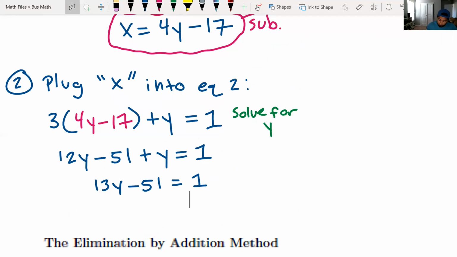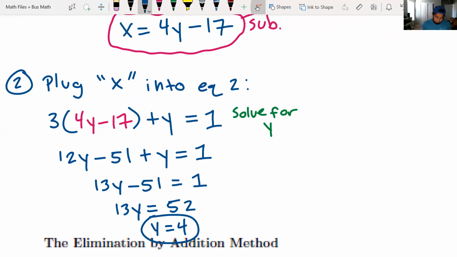Add the 51 over. And you get 13y equals 52. Divide by 13. And y is going to equal 4. I think so. 52 divided by 13 is 4. So here, y equals 4.